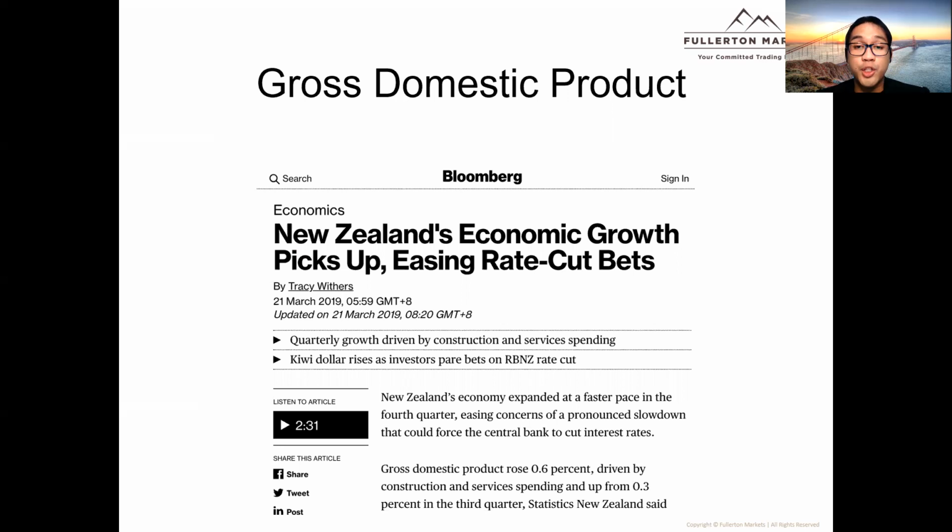Now, when you interpret this information, it will help you decide whether you want to buy the NZD or if you want to sell it, all right? This information will help you. Basically, from this headline itself, we can see that the NZD is picking up. So if you're trading anything against the NZD, you know where to position yourself, all right? This is why economic data, once again, is quite important for you and I as a trader.